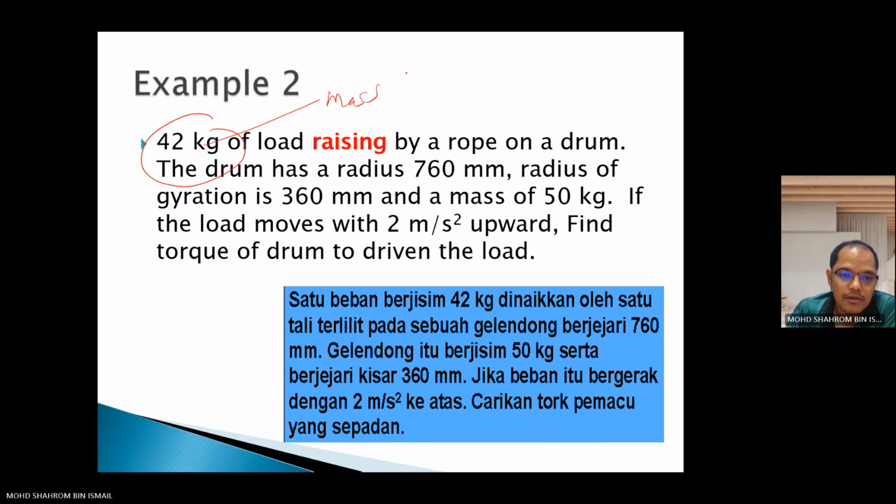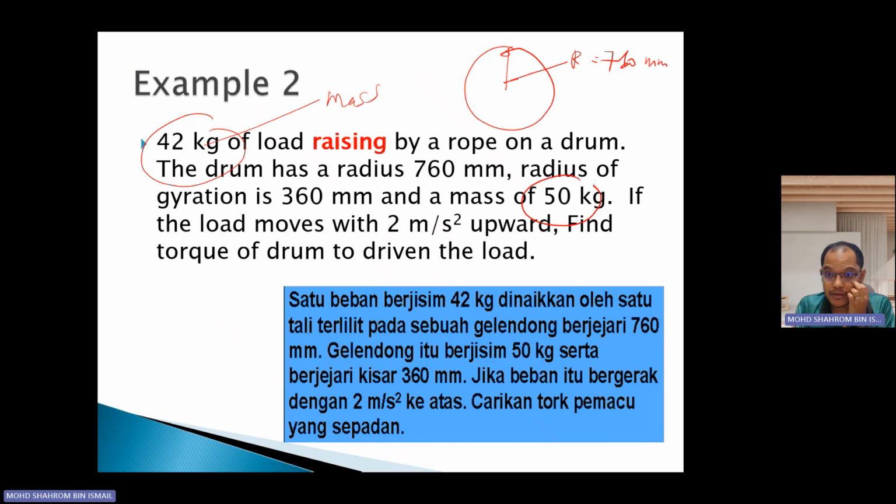The drum has a radius of 760 millimeter. Radius of gyration is 360 millimeter and the mass is 50 kilogram. So 50 kilogram refers to the mass of the drum.